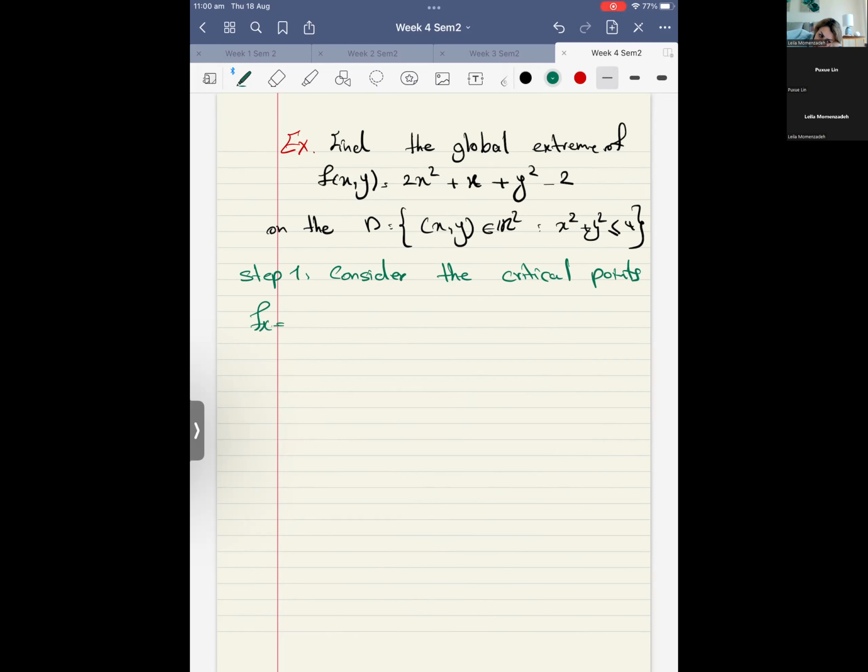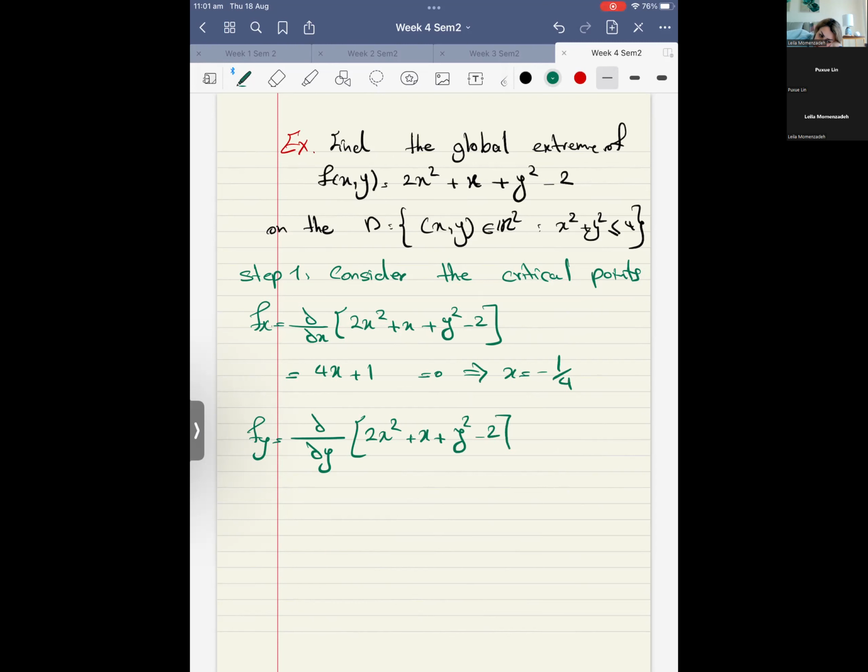I write f_x, the derivative of 2x² + x + y² - 2 with respect to x, would be equal to 4x + 1. If I put it equal to 0, then x would equal -1/4. And f_y, the derivative with respect to y, is equal to 2y.